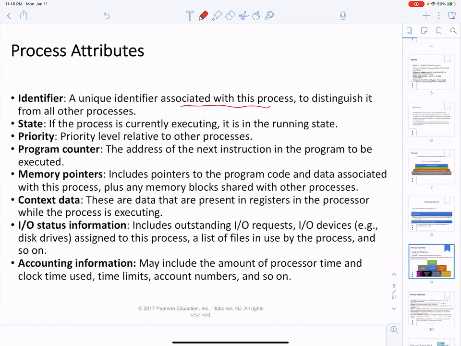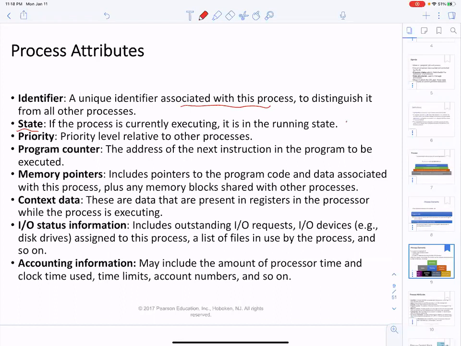Another attribute that we use to define some properties about a process is called the process state. A process state is an attribute that is used to describe the state of a process, whether the process is in a running state, like the process is actually running right now, that means the process is under execution, or the process is ready to be executed, or the process might even be blocked.